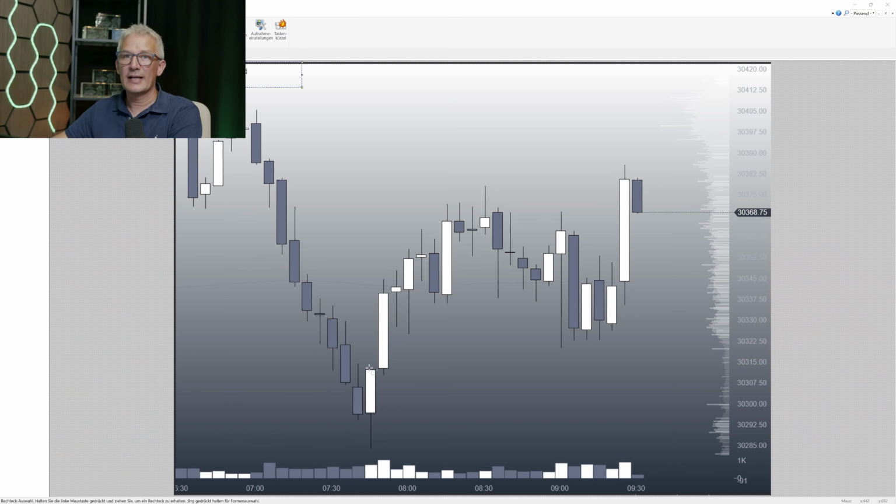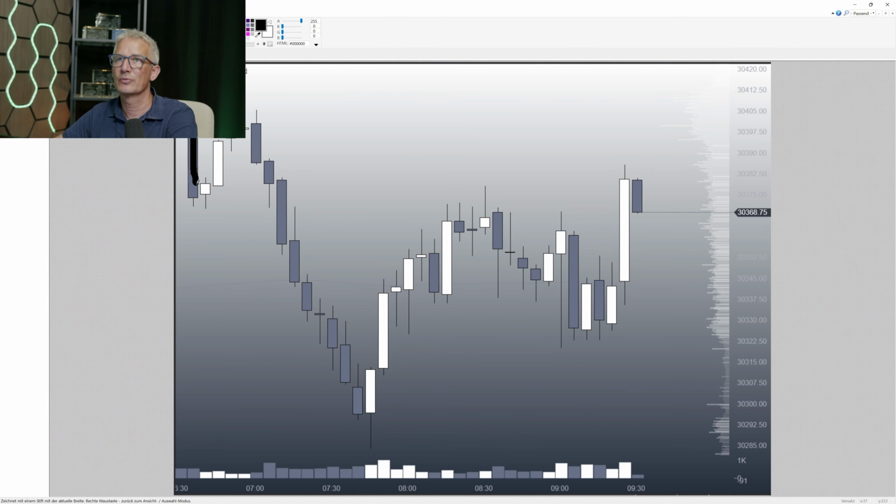And these are the simplest logical consequences that we need as traders to get a picture first. If you only look at a line chart, you don't have this information. And that's why we're going to examine the whole thing in detail now and see what advantages we can get with it. Let's really start at the absolute base and see what kind of information this candlestick chart provides us.